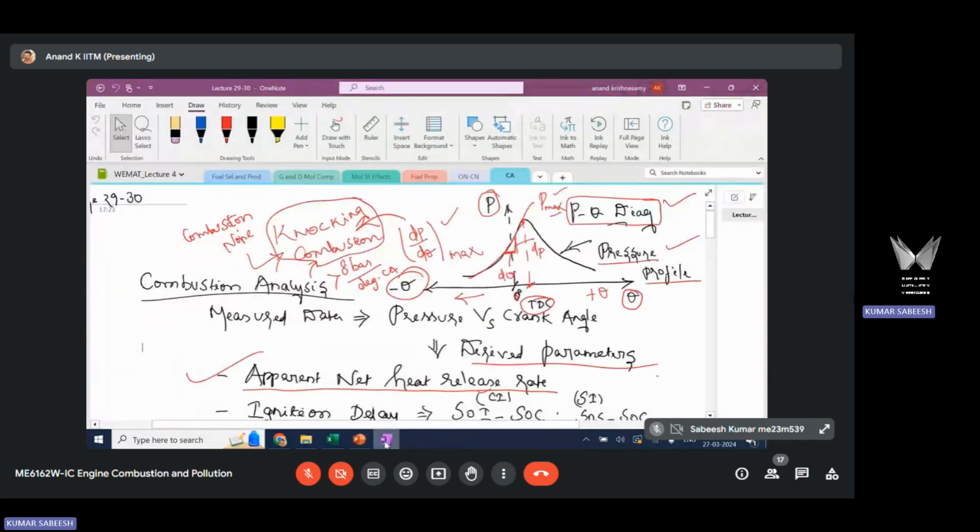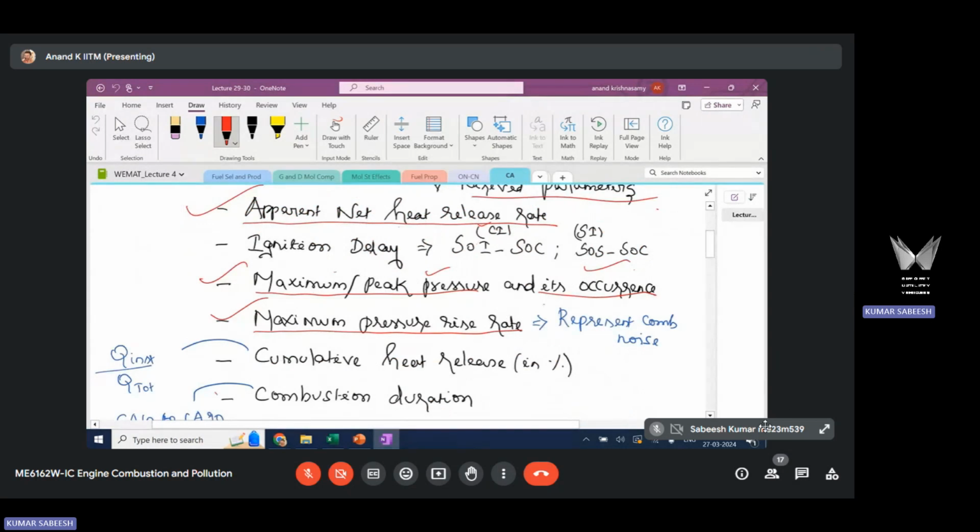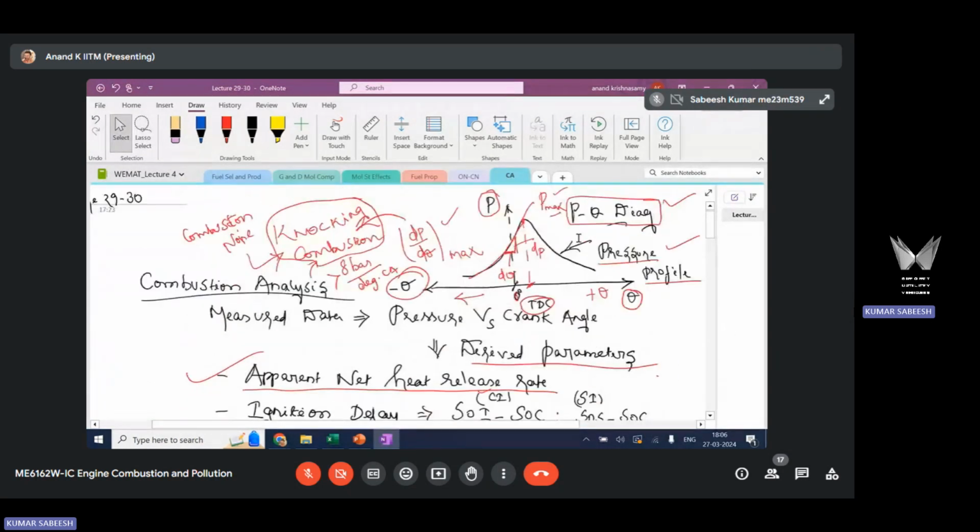So I will continue my discussion on the parameters that can be derived from the measured pressure profile, which I started in the previous class. One of the pieces of information you can directly get from the measured profile is the maximum pressure or peak pressure. By looking at the pressure profile, you can get the magnitude of the maximum pressure value, that is here.